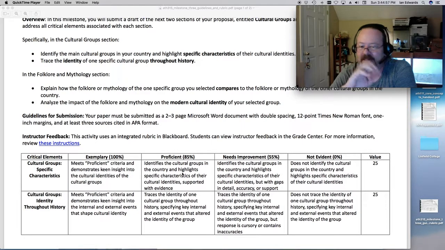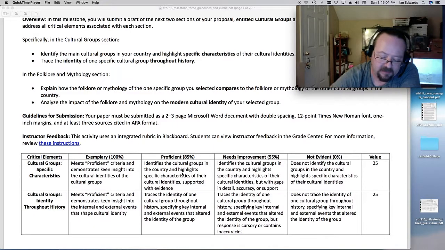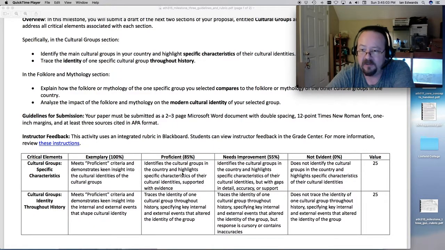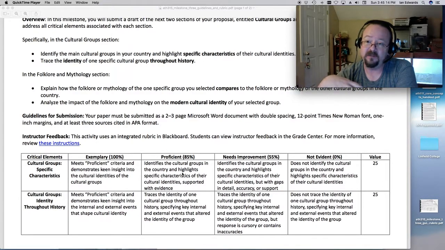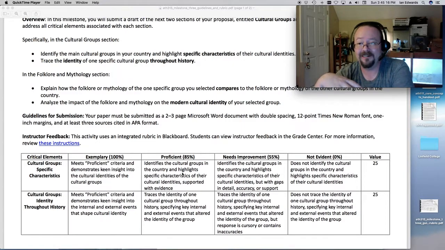You're just identifying different groups that are in your country. So using my U.S. example, you have all the different Native American groups that are indigenous to what is now the U.S., and you have all these other groups that have colonized the U.S., right?